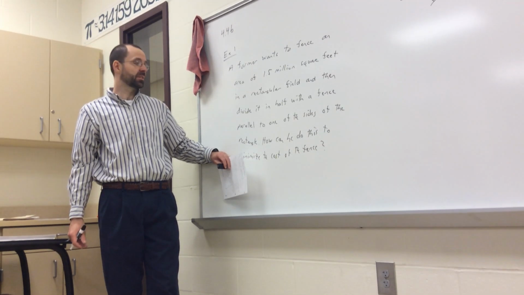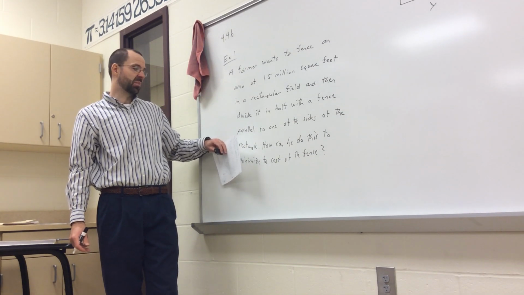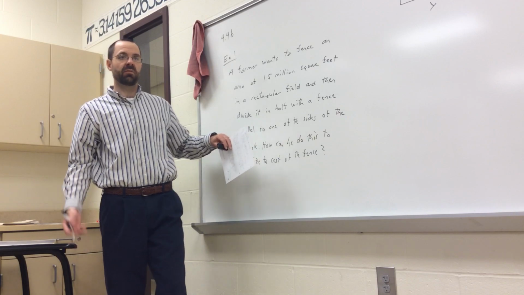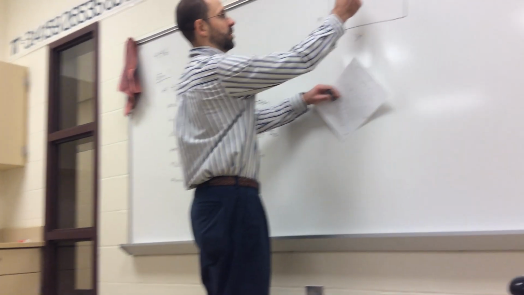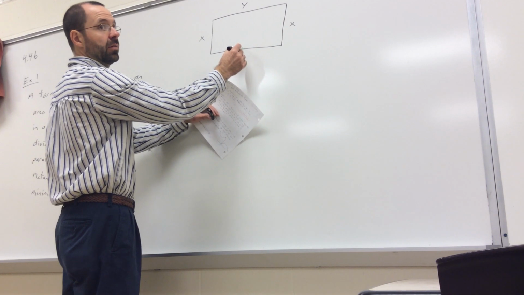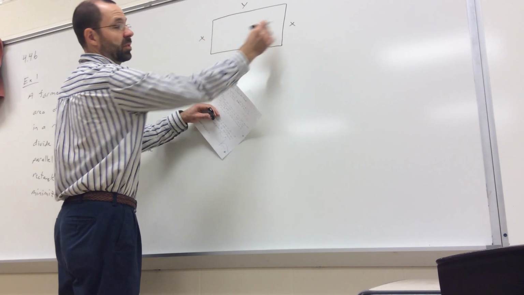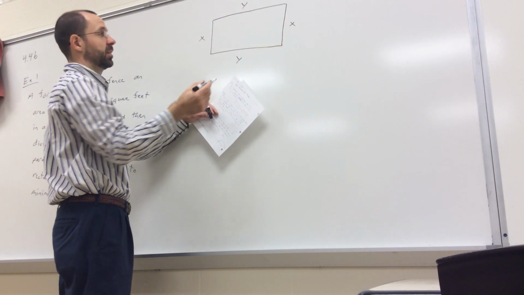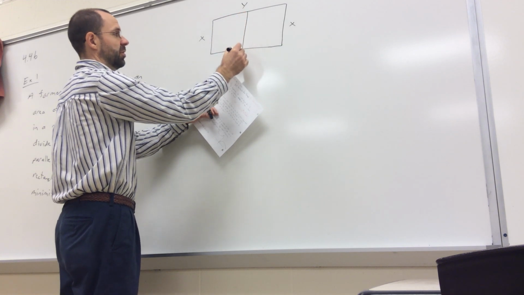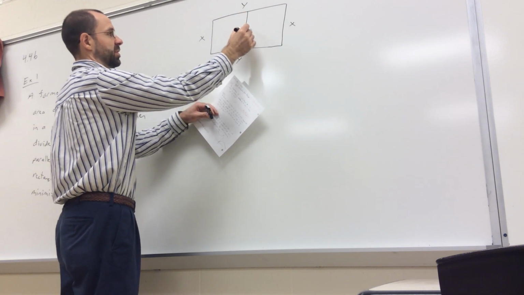Cut it in half with another fence that's parallel to one of the sides. So I have a choice. I can either cut it here with another fence, or I can cut it here with another fence. Doesn't really matter. So I'll do this. So that means the length is X.